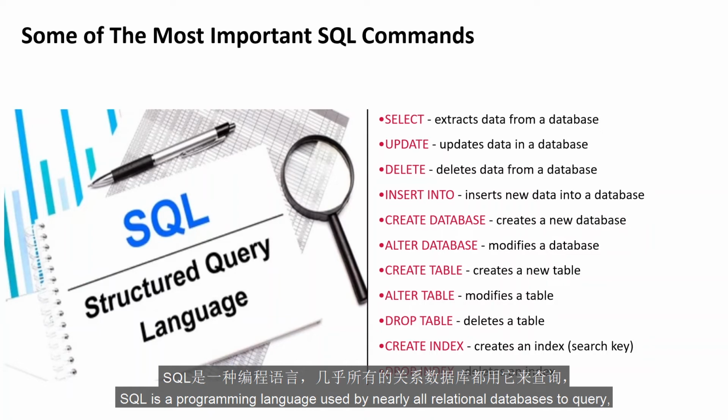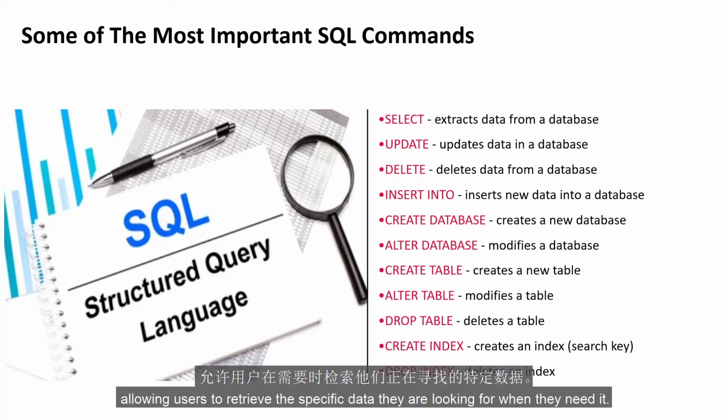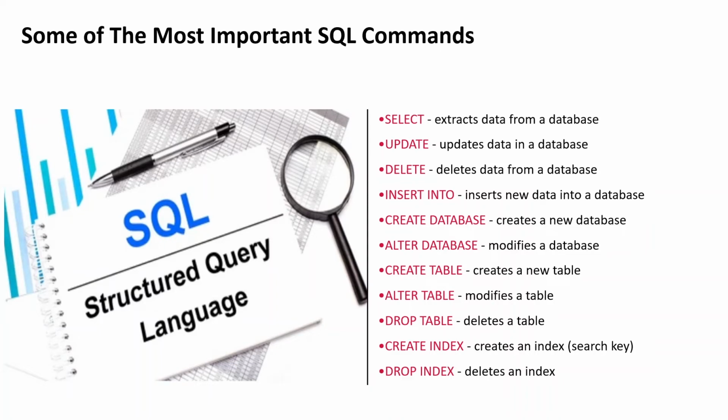SQL is a programming language used by nearly all relational databases to query, manipulate, and define data, and to provide access control. SQL helps control information stored in databases, allowing users to retrieve the specific data they are looking for when they need it. Well, it's a simple programming language.